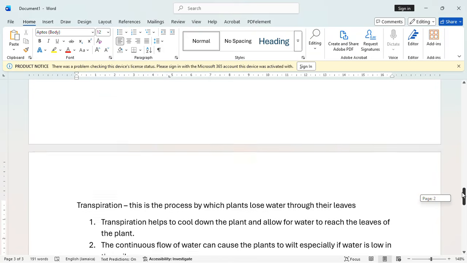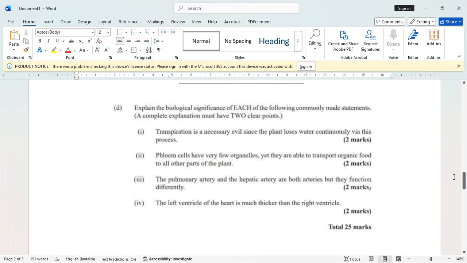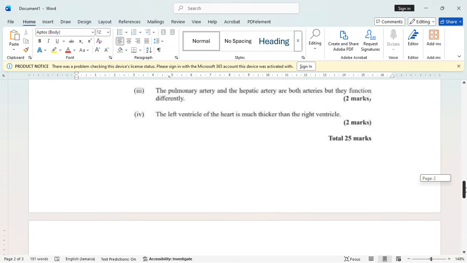It says phloem cells have very few organelles, yet they are able to transport organic food to all other parts of the plant. How are they able to do that? Anybody knows?